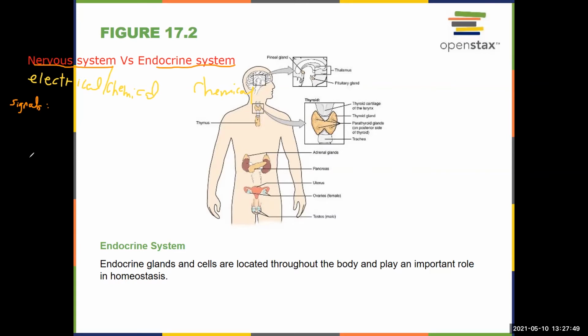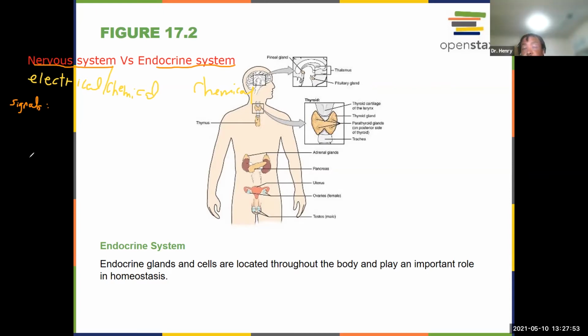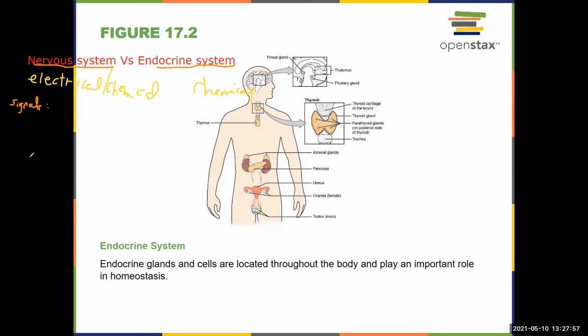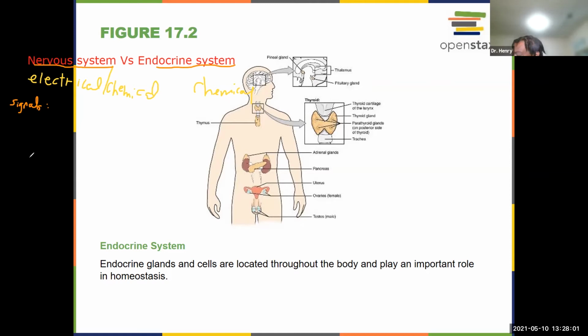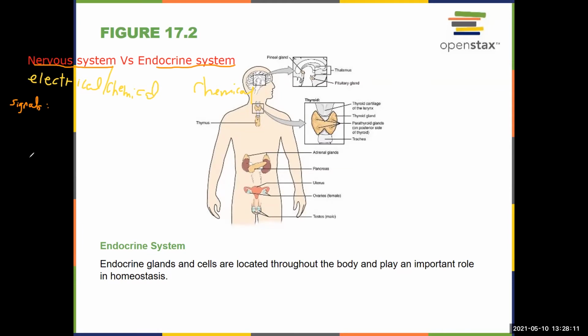What would be the primary chemical signal? Maybe that'll help for the nervous system. The primary chemical signal for the nervous system. Let me give you another hint: it starts with an N. Neurons? That's not it.